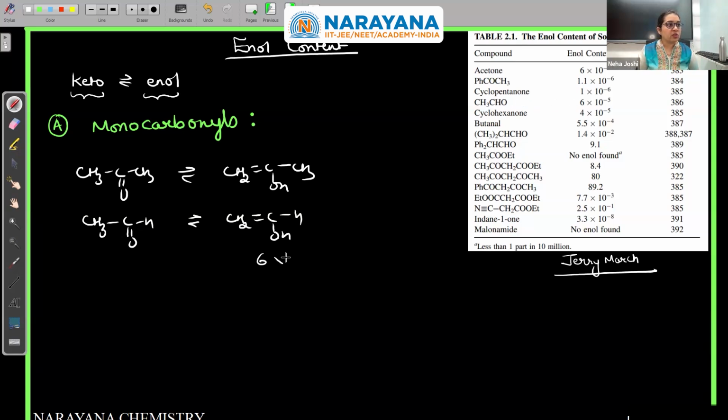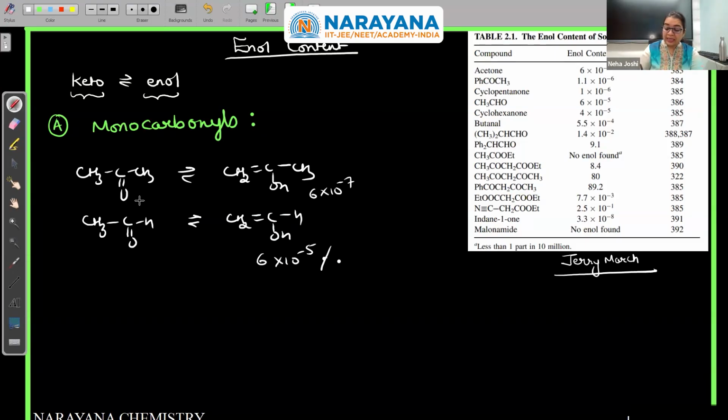Acetaldehyde, 6 into 10 to the minus 5 percentage. And for ketone, it was 6 into 10 to the minus 7 percentage. So the carbonyl bond dissociation energy in aldehyde and ketone is not identical. That you need to remember. Okay, it is not identical in both.